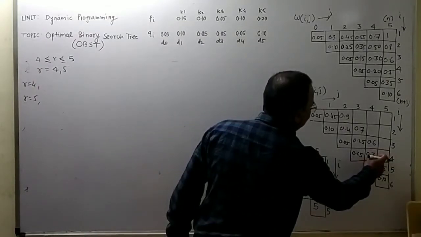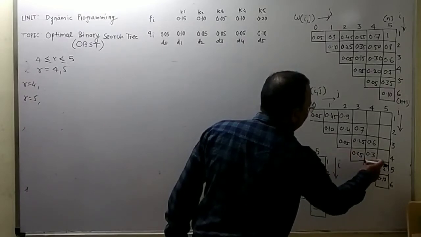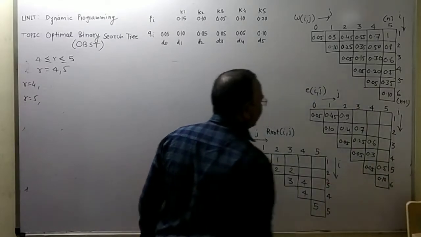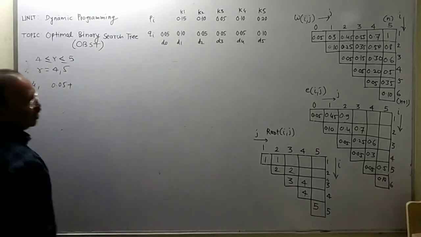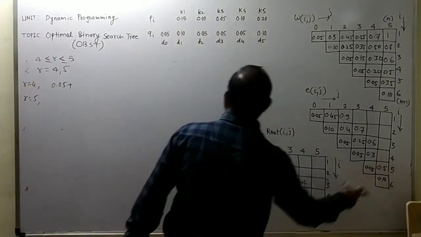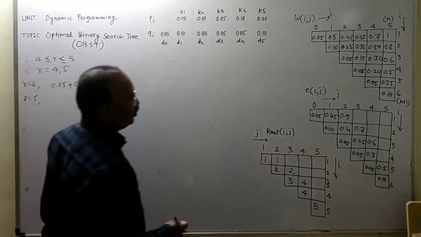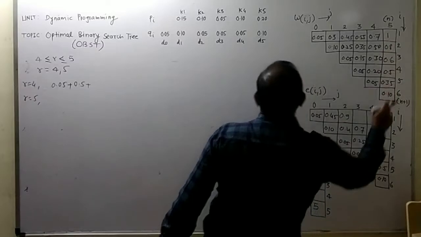For that, on left side we have to consider 0.05 and downside 0.5 plus W value. 0.05 plus 0.5 plus W value. So W value is 4.5, it is 0.5.